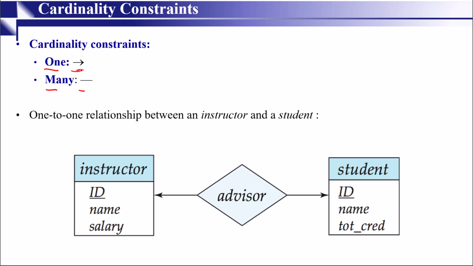So just by drawing either a directed line or undirected line. For example, here we can see one-to-one relationship between instructor and student. It means a student is associated with at most one instructor via relationship of advisor. So this one means at most one.